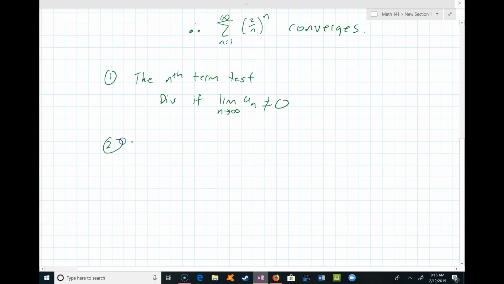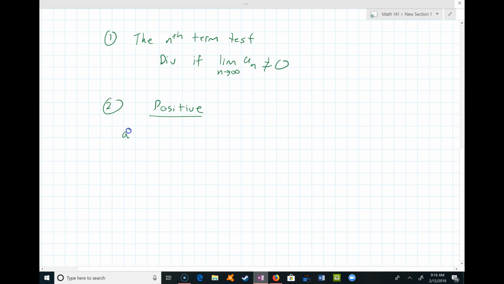My second step is to consider whether the series is positive or alternating. If it's positive, then we have a lot of possibilities. Usually my first thought is to consider the direct comparison test or the limit comparison test.